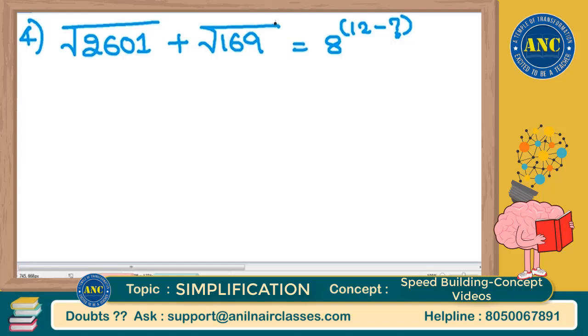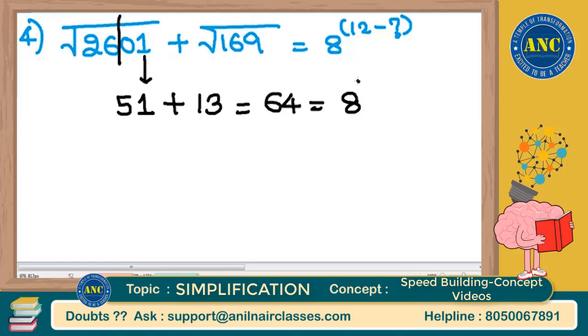And the reverse way also I taught you, how to find the square root. After 2 places keep a slash. If it is ending with 1, the square root of the answer also will end with 1. So the square root of 2601 will be 51. I already taught you multiple examples. The square root of 169 is 13. This is 64, and 64 is 8 power 2.